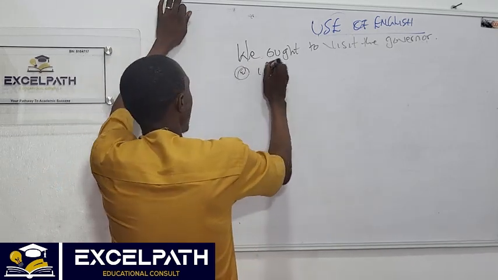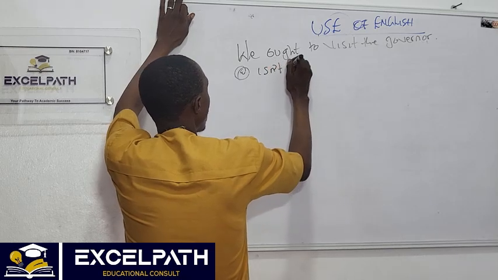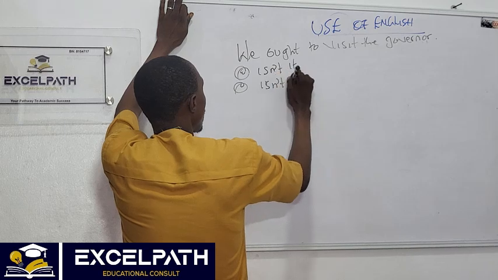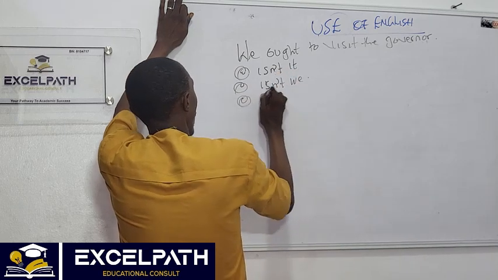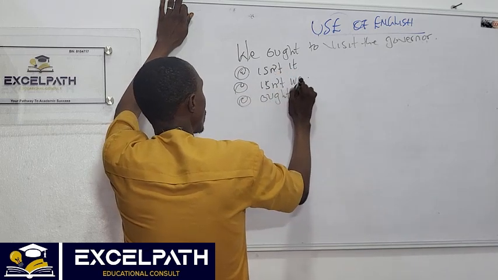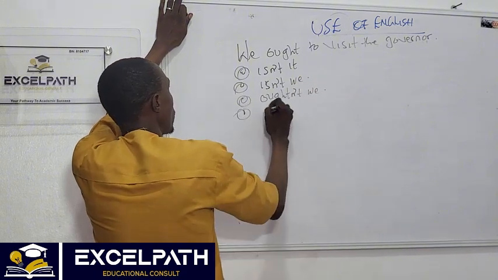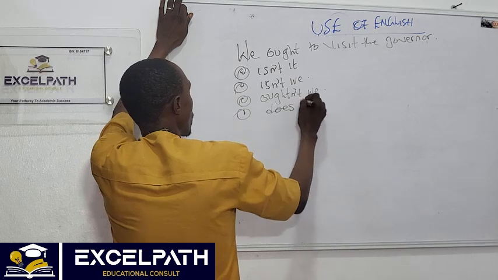Option A, isn't it? Option B, isn't we? Option C, oughtn't we? And option D, does we?